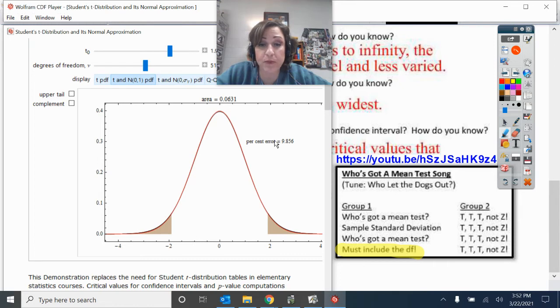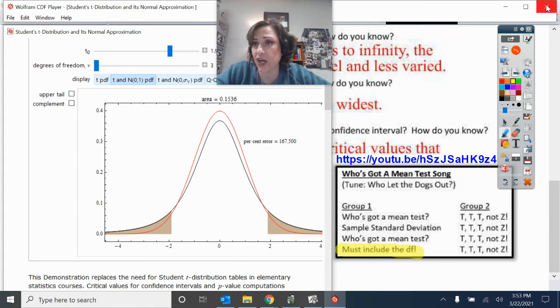This percent difference between normal and T curve is getting smaller. I won't be able to go to infinity, so I won't be able to get this down to 0. But anyway, there you go. So there's a visual demonstration of what's happening to our t-curves.